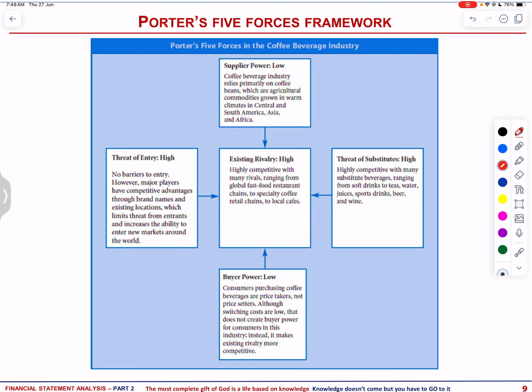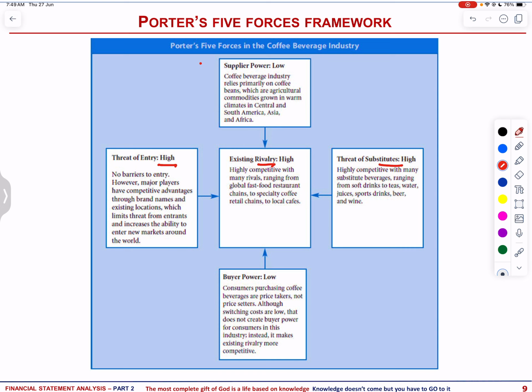Porter identifies 5 forces that impact competition and profitability in an industry. 3 forces: rivalry among existing firms, potential entry, and substitutes focus on horizontal competition among current and potential competitors.